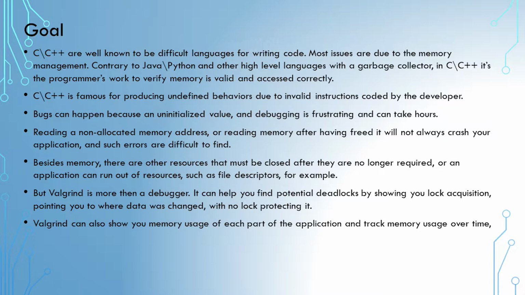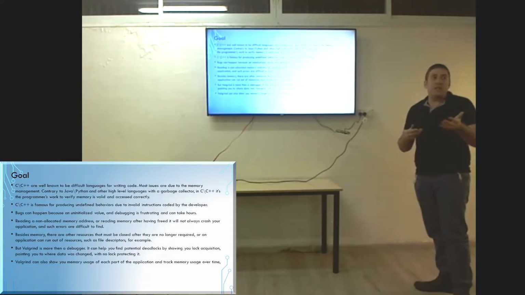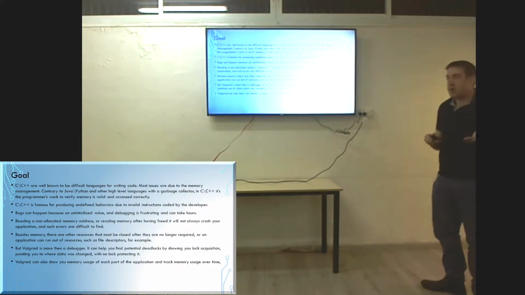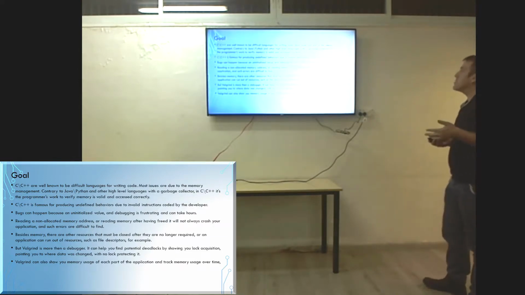Bugs can happen because of uninitialized values, and debugging them can be very frustrating. It can take hours. You can read a non-allocated memory address, or read memory after it was freed, but it's still there. So whether the bug appears really depends on the stress of the system, and a lot of these things are very hard to find.